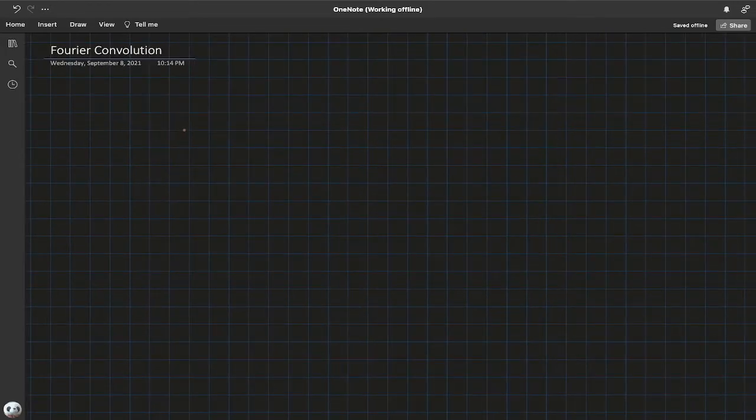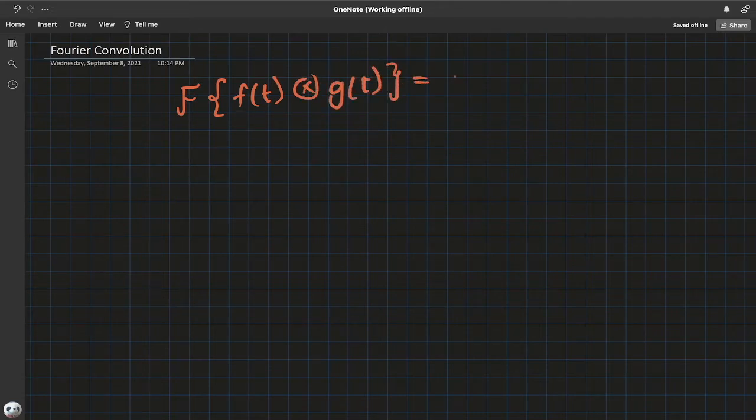Okay, so there's one useful property actually. Say you take the Fourier transform of the convolution of 2 signals. You get the product of their individual Fourier transforms. Again, you can do this for Laplace as well. I'm showing it for Fourier first, and we will talk about the intuition about this later.